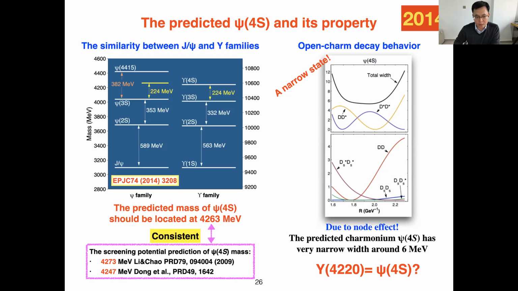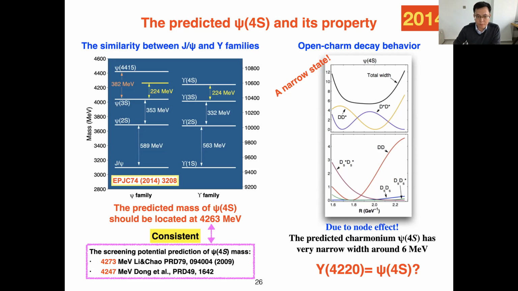You can notice that the mass gap is similar. It means that the gap between Psi(2S) and J/psi is similar to that between Upsilon(2S) and Upsilon(1S). You can find a similar way for the higher states.